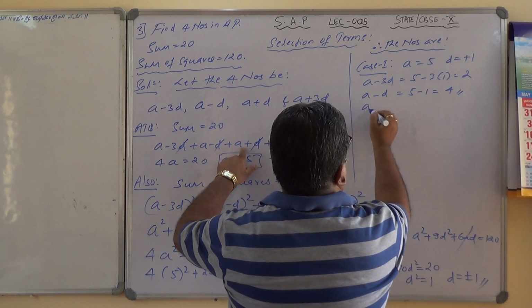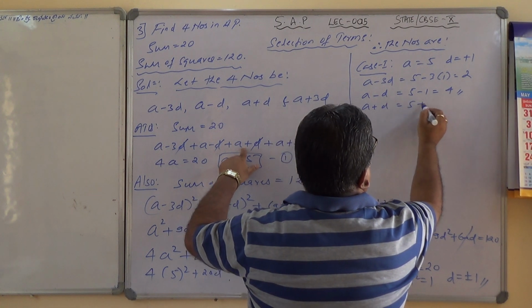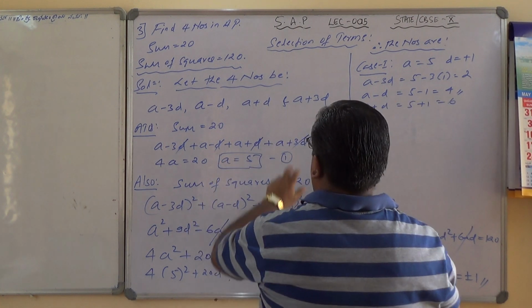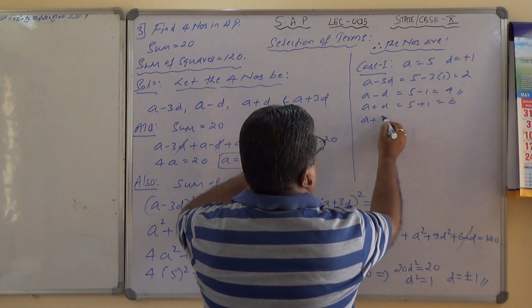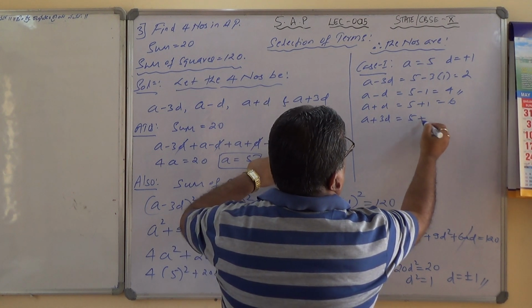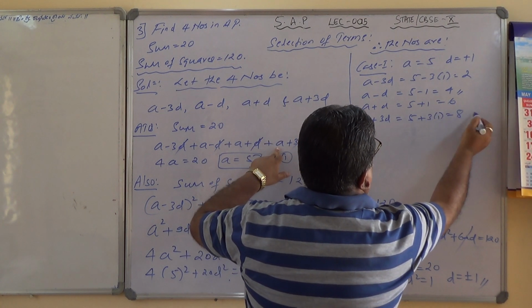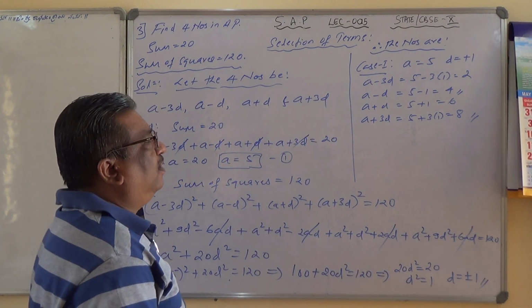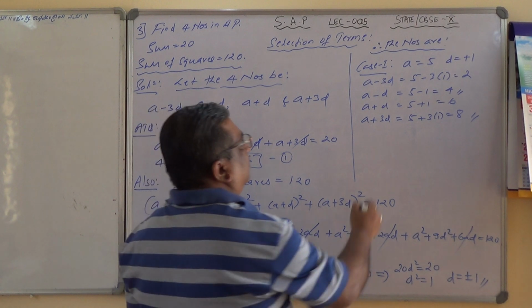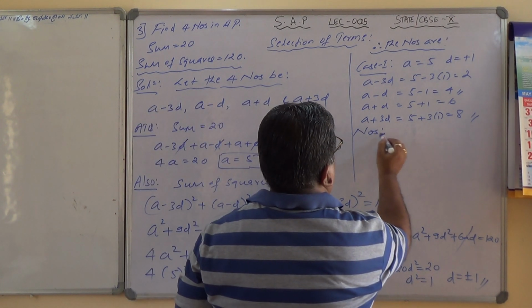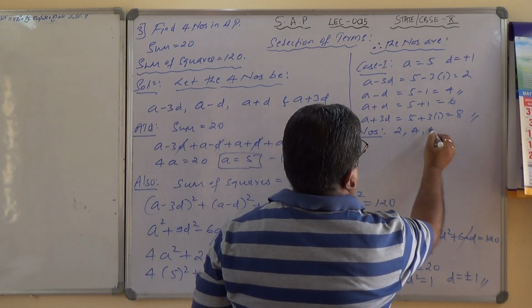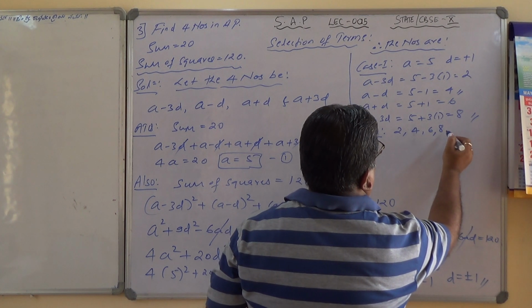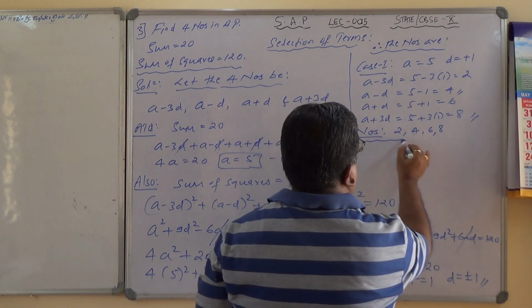Then a plus d, 5 plus 1, 6. Then a plus 3d, 5 plus 3 times 1, which equals 8. Therefore the numbers are 2, 4, 6, 8. This is one set of numbers.